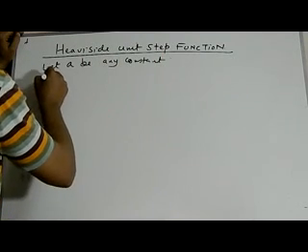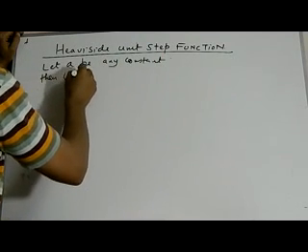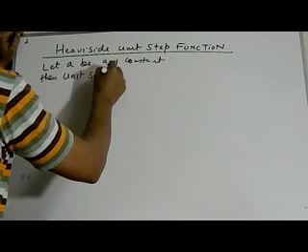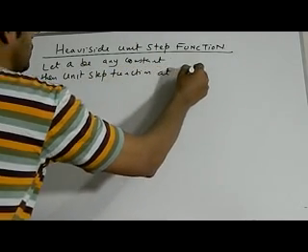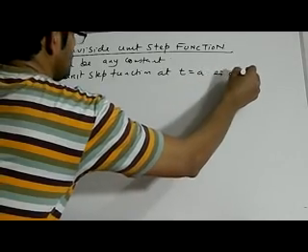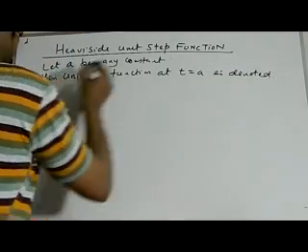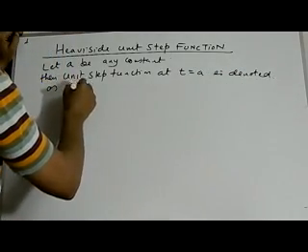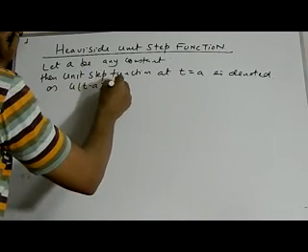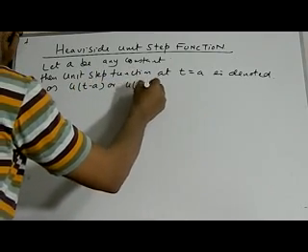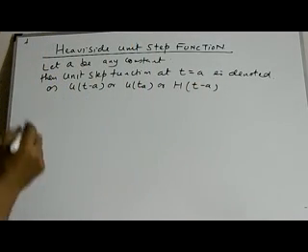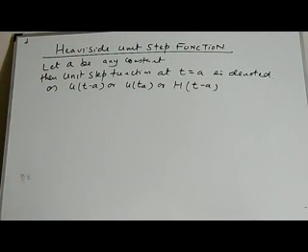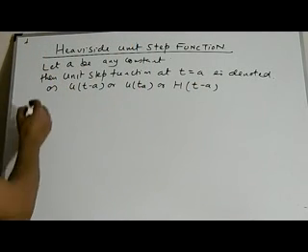Then the unit step function at t equal to a is denoted as u(t minus a), or sometimes you write u_a(t) or h(t minus a). Either of these notations can be used.